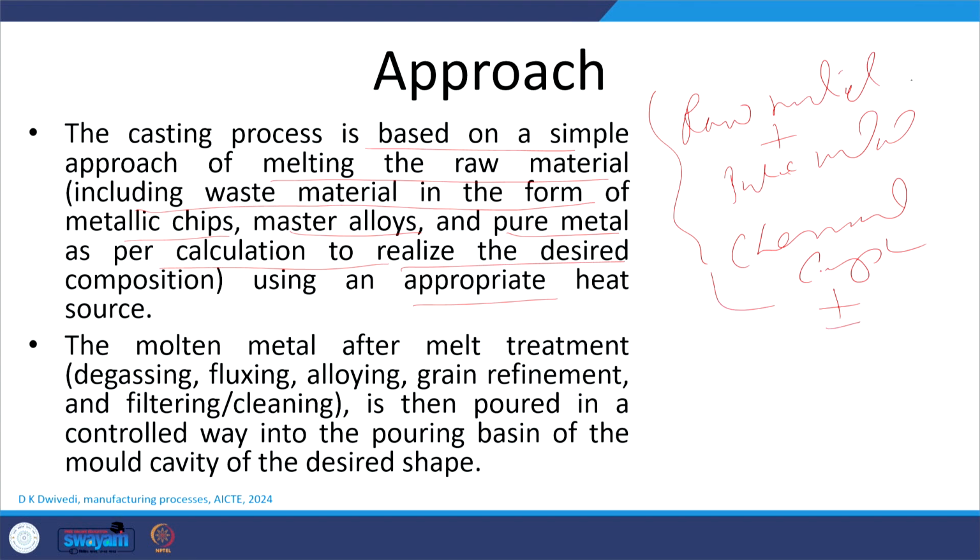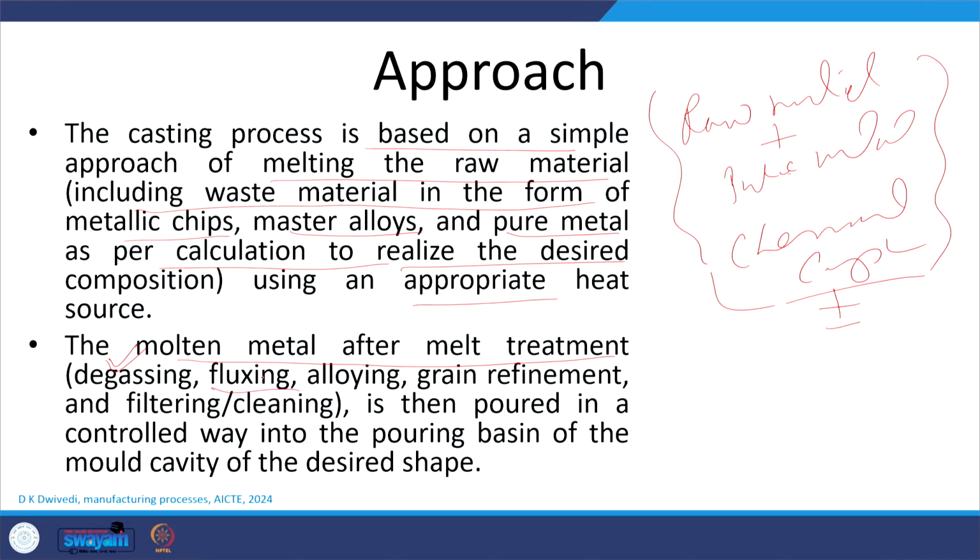So, the kind of heat source to be used will depend on the kind of metal to be melted. Once the molten metal is realized, its quality is enhanced through melt treatment. Molten metal after melting is subjected to treatment, which may be in the form of degassing to remove the gases which can get dissolved into the molten metal during melting.